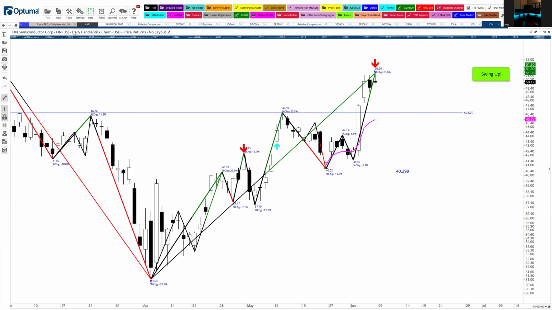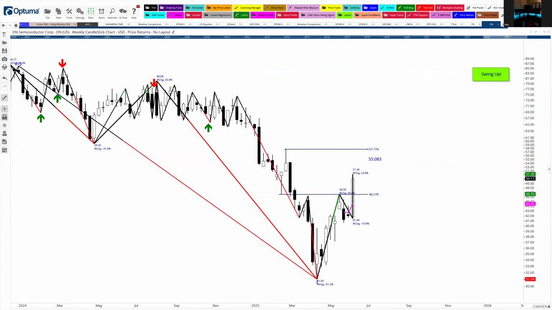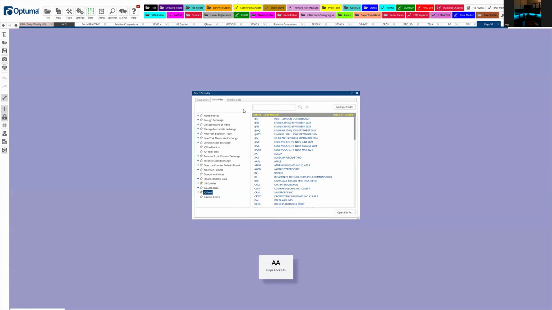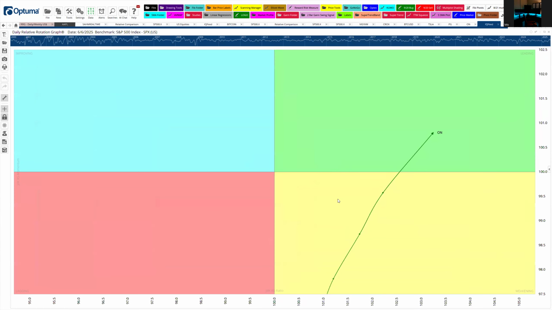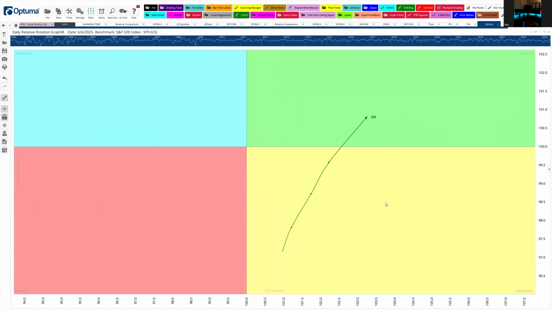See what the weekly looks like. Oh, weekly swing is up as well. It's not bad. Hang on, let me check that. See if we can consider buying.